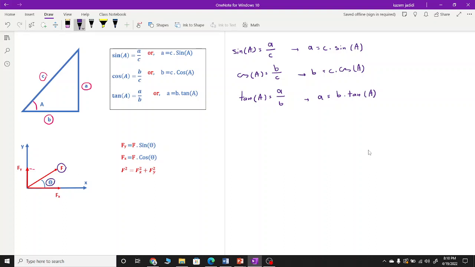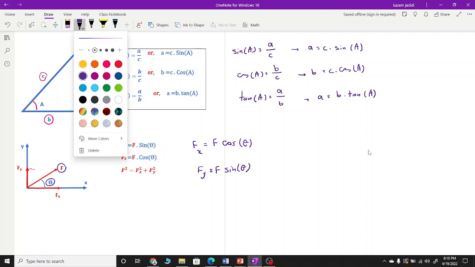From the equation that we had above, Fx is adjacent to theta, therefore it's equal to F times cosine theta, and Fy is equal to F times sine theta.